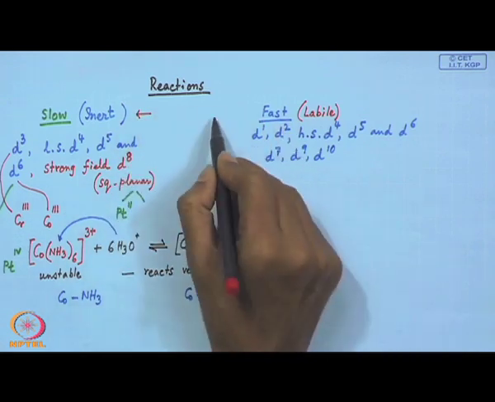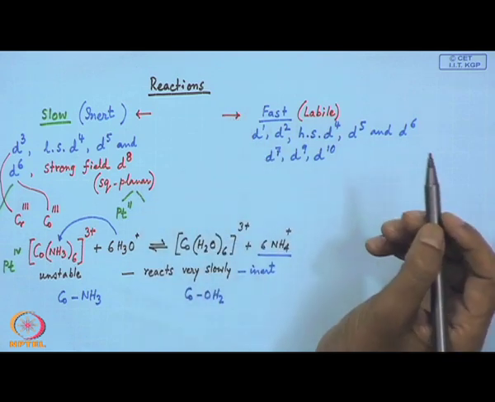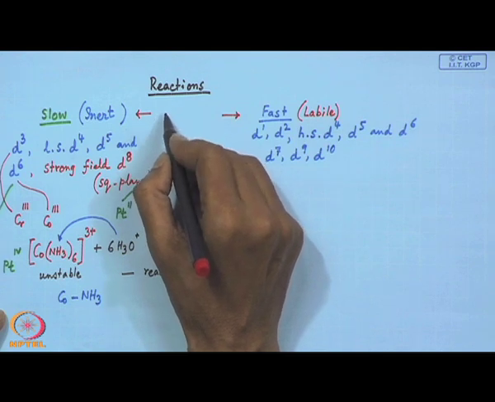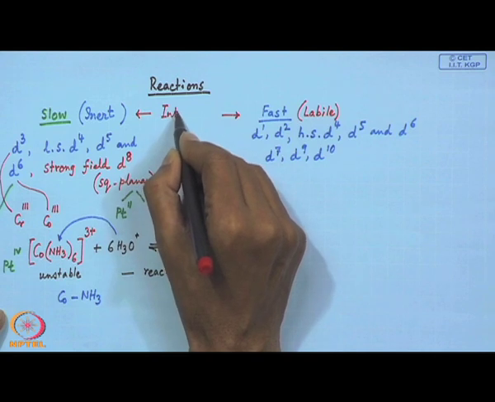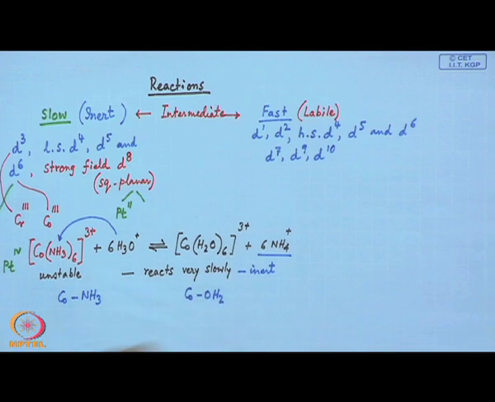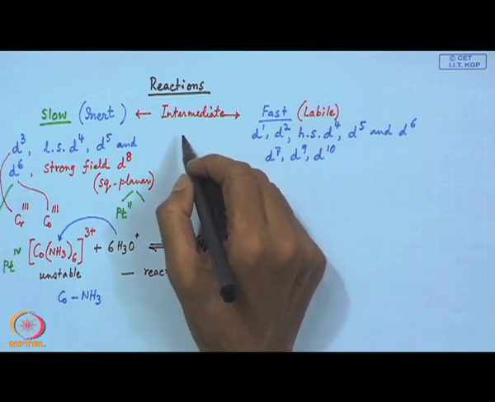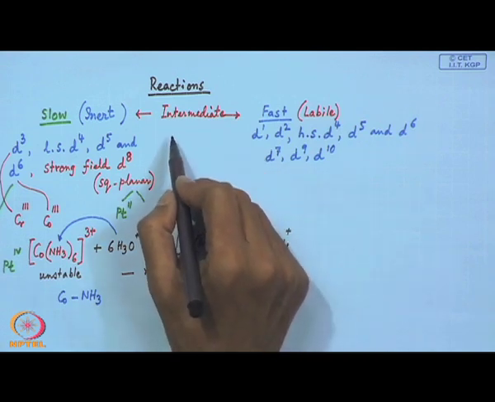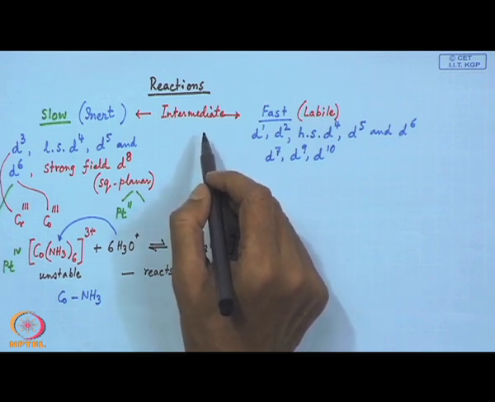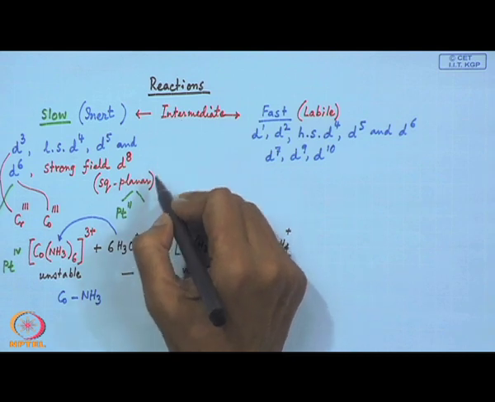One is the slower range and another is the faster reactions, but some of these molecules can also come as intermediate between these two ranges. So, these are metal complexes which can show some intermediate reactivity pattern or reaction rate. Kinetics tells us that it will have some intermediate rate of reaction for ligand substitution reactions.